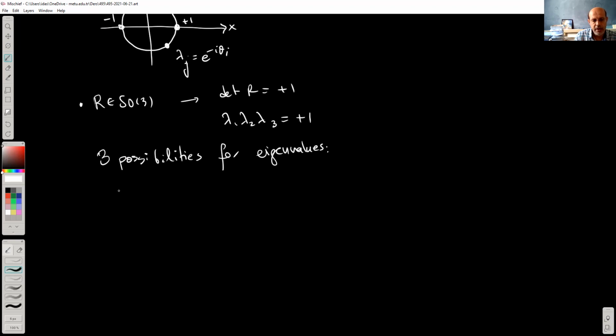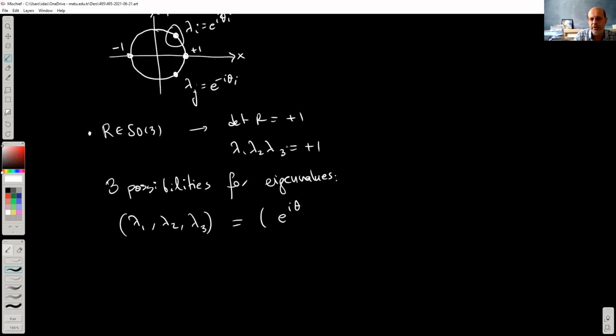Okay. So lambda 1, lambda 2, and lambda 3 can be equal to, so it is possible that there is a complex eigenvalue like that, where theta is somewhere here on the unit circle, right? Let's say it like this, in which case, e to the minus i theta would also be an eigenvalue.